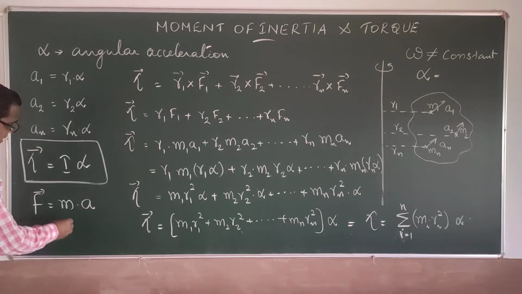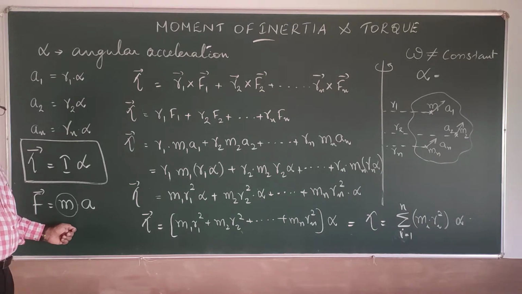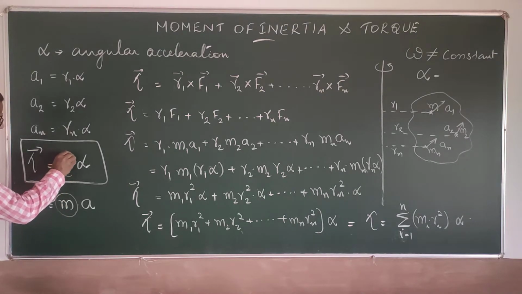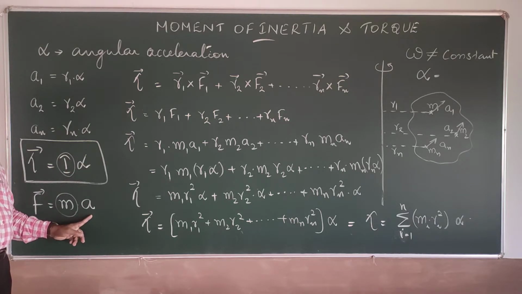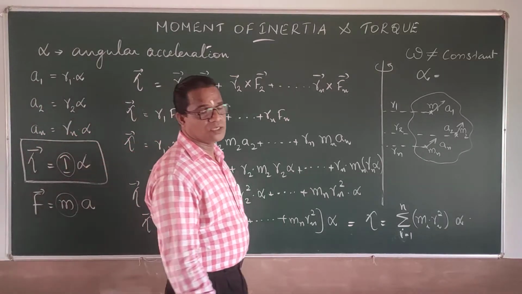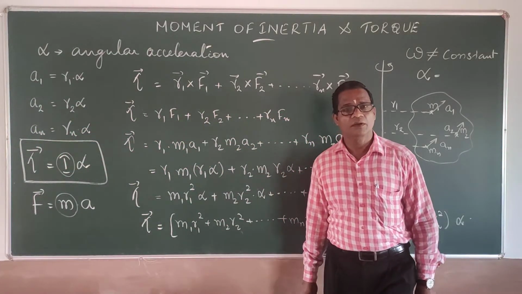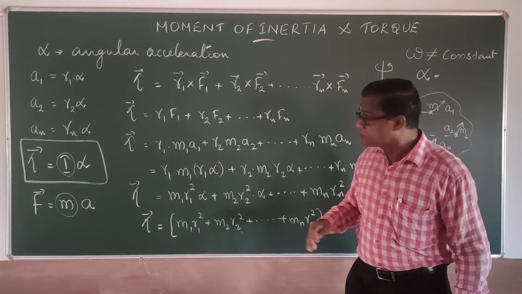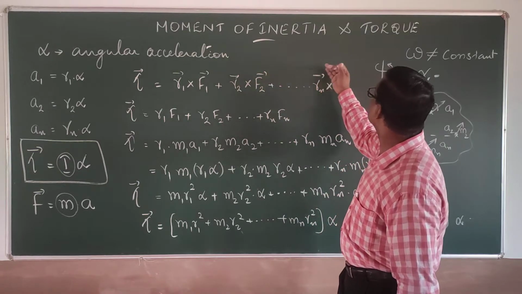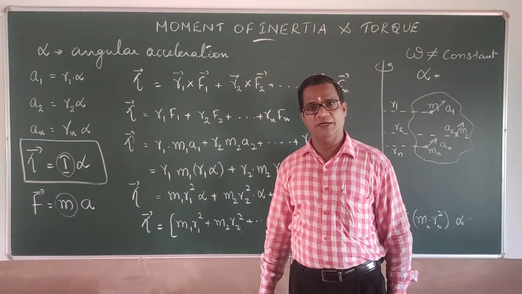Wherever mass comes in linear or translatory motion, moment of inertia assumes the position in rotational motion, and these two are the corresponding acceleration parameters in the respective motion. So this is how the relation between torque and moment of inertia arises.